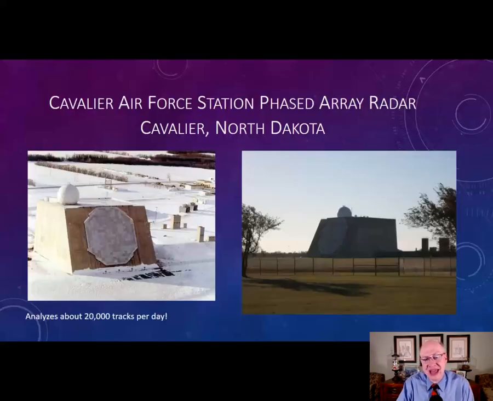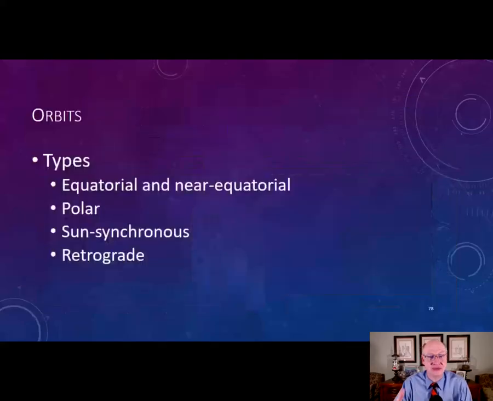Let's spend a few minutes now talking about the different kinds of orbits and what they're used for. First of all, we're going to talk about orbits that are differentiated primarily by their inclination, and then we'll talk about orbits that are differentiated by the size of the orbit and why we would use different ones. The first one, and probably the most common type of orbit, are equatorial and near equatorial orbits.